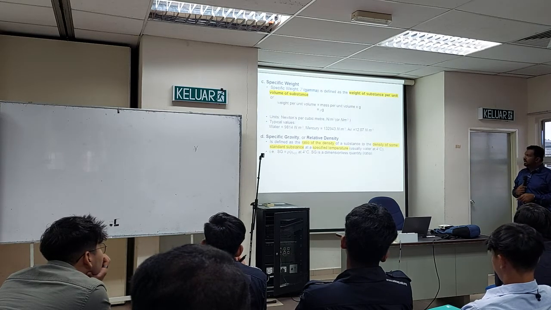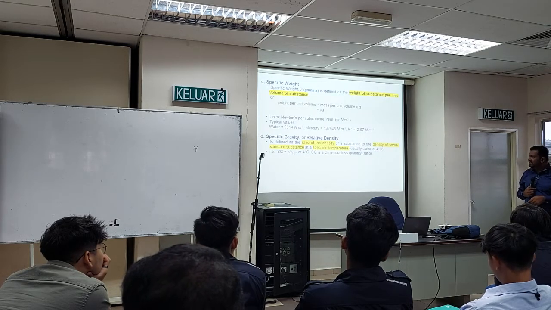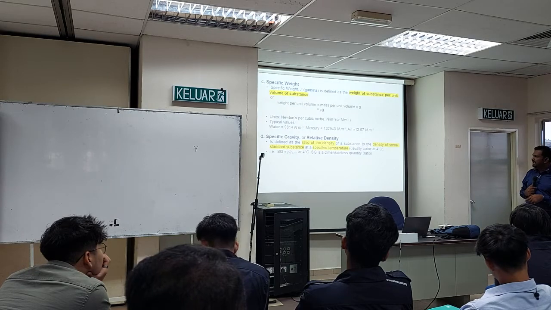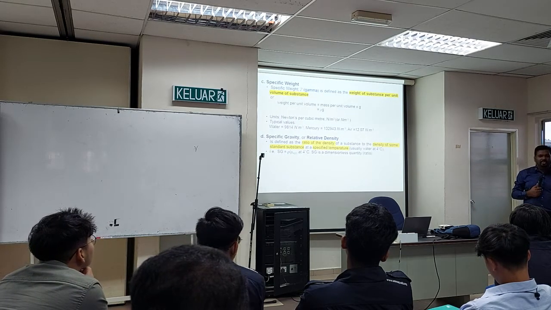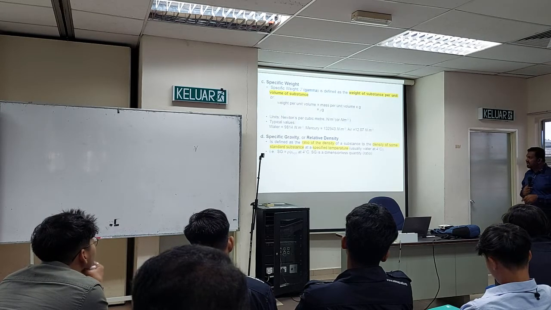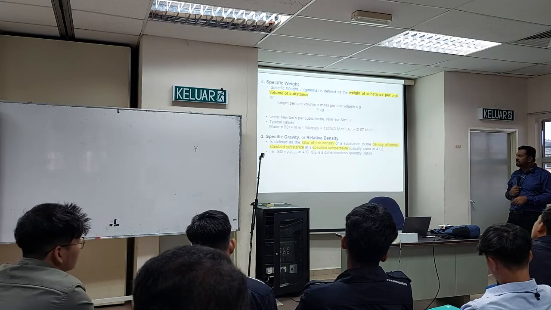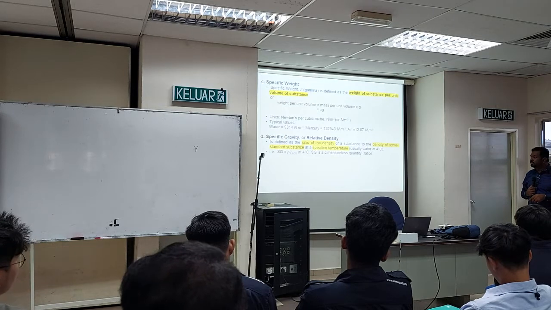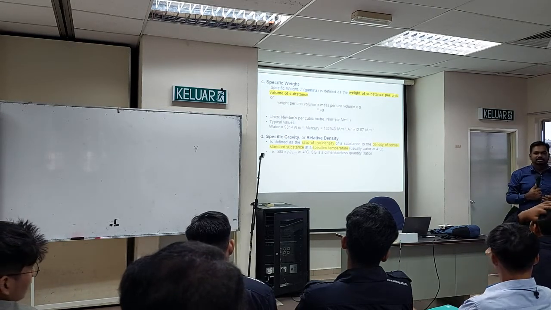So this is specific weight, and you have another term, specific gravity, ataupun kita panggil as relative density. All these four terms are related to densities. So specific gravity is defined as the ratio of density of a substance to the density of some standard substance. Ini adalah ratio. So kalau ratio, selalunya kita tak ada unit.